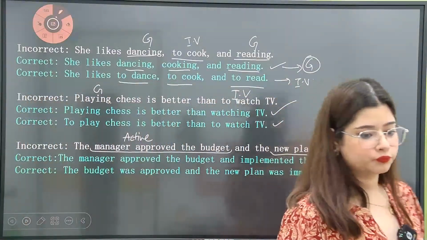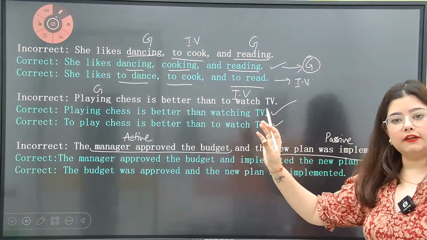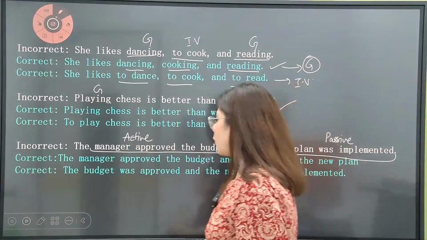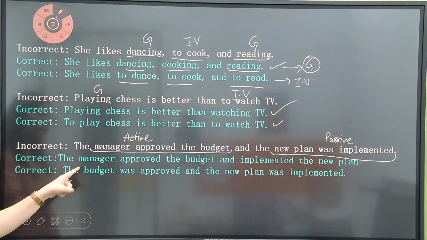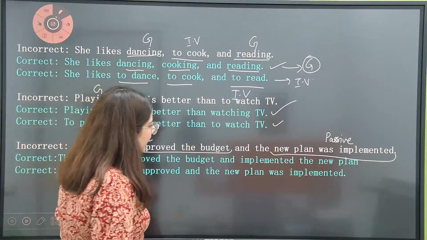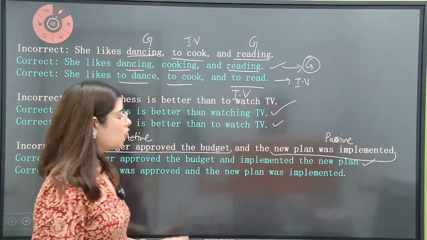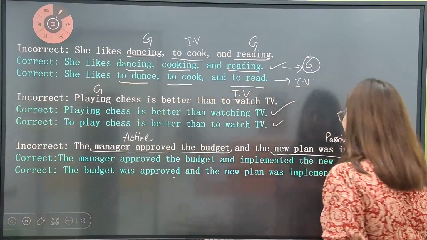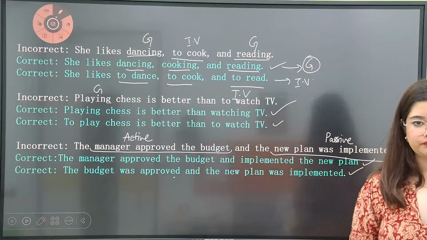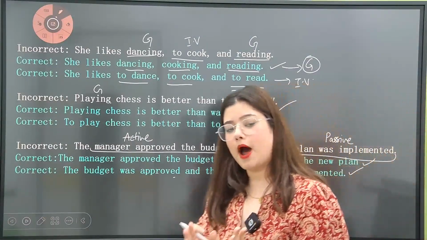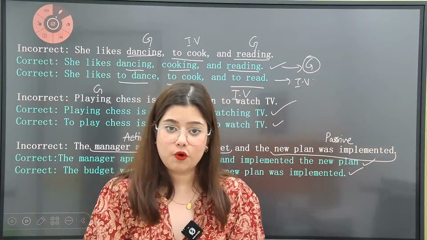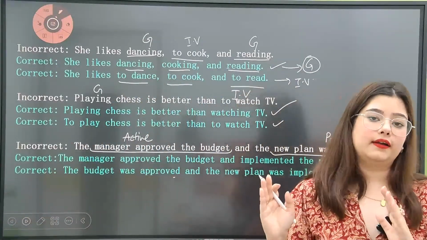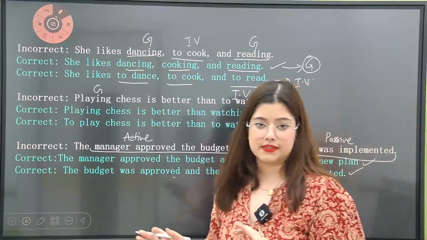Same issue. या तो सब एक्टिव में रहेगा या सब पैसिव में रहेगा, right? So the manager approved the budget and implemented the new plan, or the budget was approved and the new plan was implemented. If you're keeping one part of the sentence in active voice, try to keep the other part of the sentence also in active voice. Same goes for passive voice.